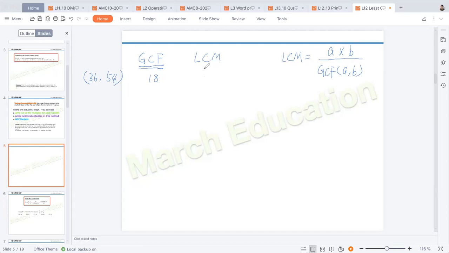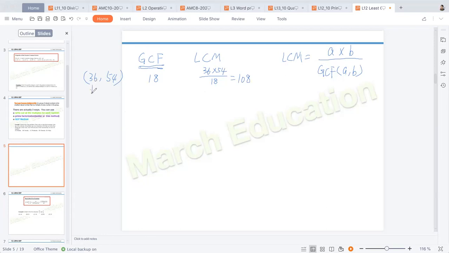LCM of them should be equal to 36 times 54 divided by 18. Okay. So this equals 108. So we just check whether this is the least common multiple.